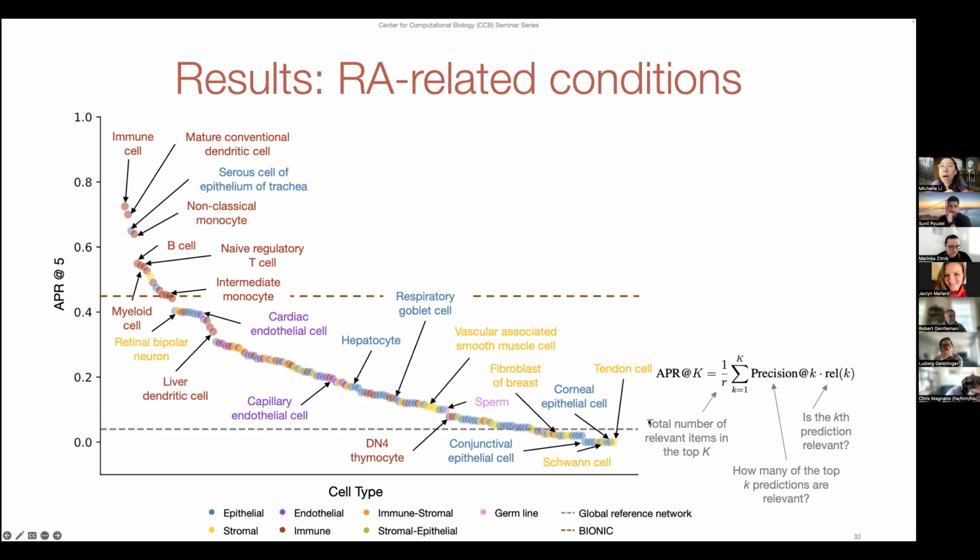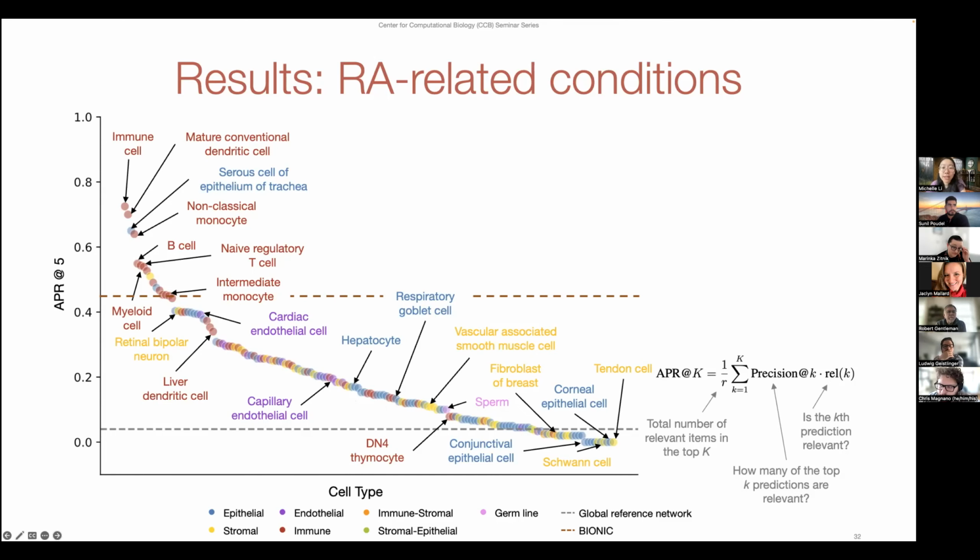These two approaches in the dashed line are context agnostic, so they do not consider any sort of context in their models. So as you can see, many cell types outperform the global reference network as well as Bionic. And this suggests that studying the therapeutic potential of proteins may be more accurate when leveraging the cell type context of these proteins.